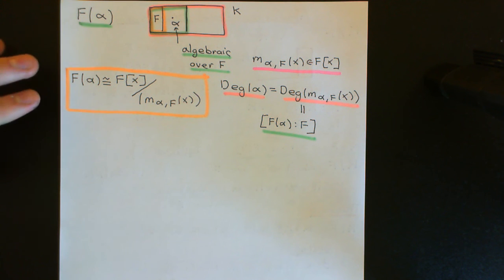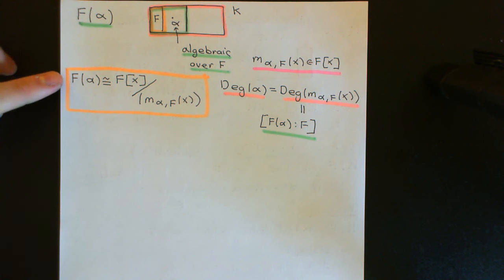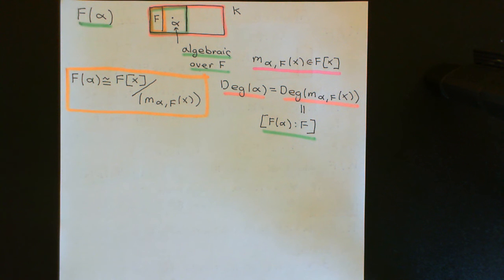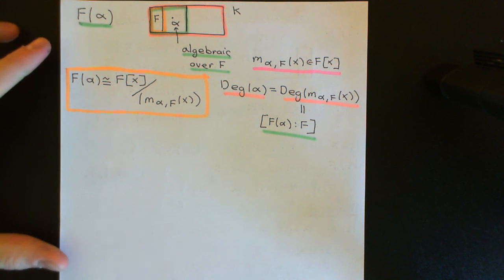Where we're heading is a description of how to construct the field generated by alpha over F, which at the moment is still quite an abstract idea. We don't have much intuition for what this is, but by saying it's isomorphic to this, we can get a huge amount of intuition for what this thing is.